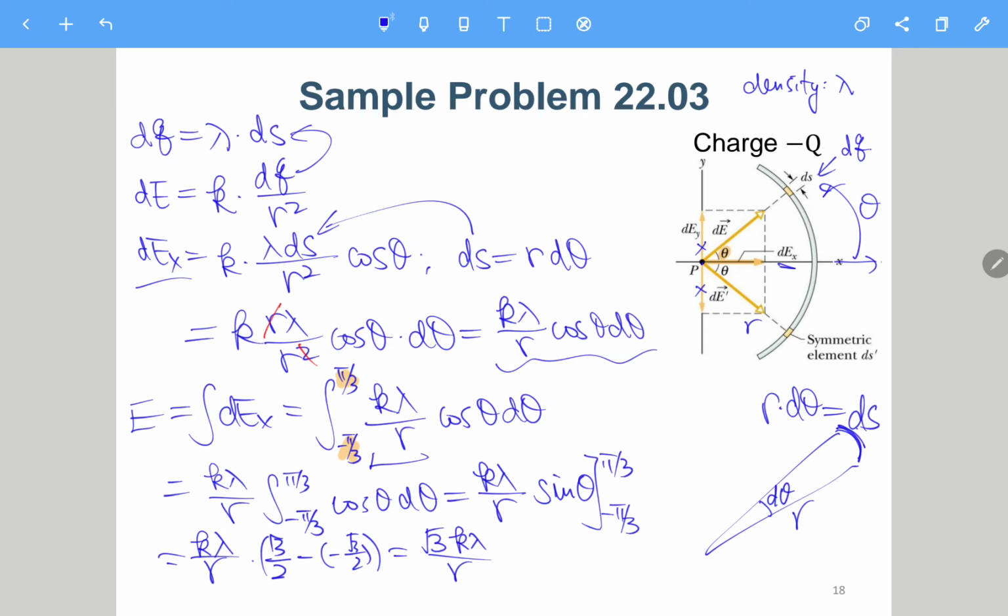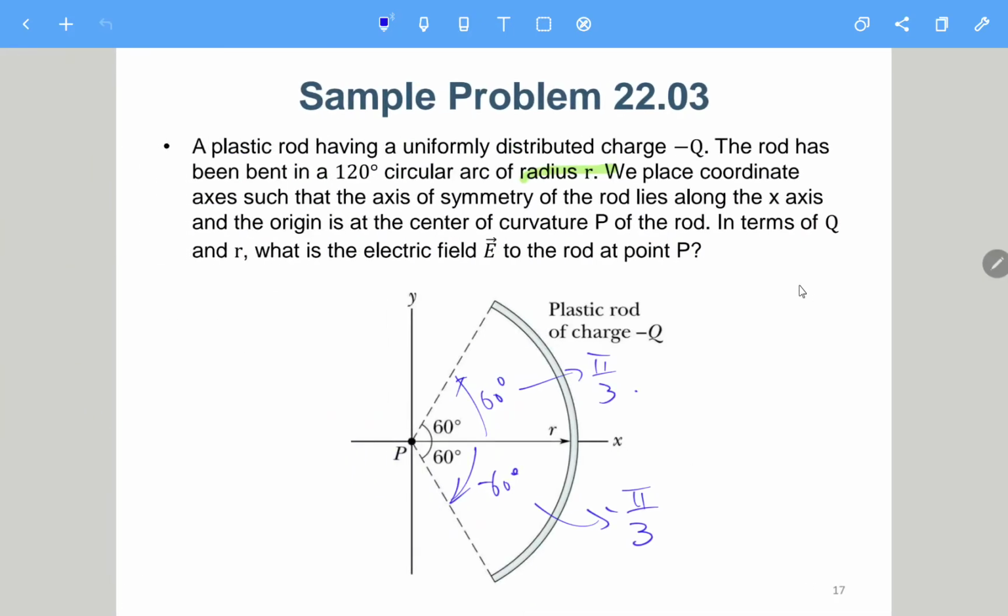And actually we need to eliminate this lambda, because lambda is not given here. It only provides the Q to us.